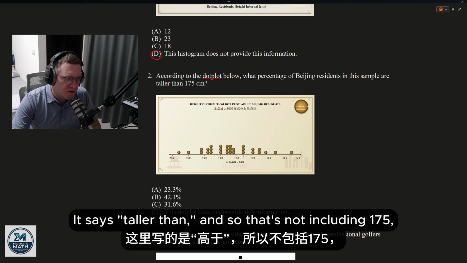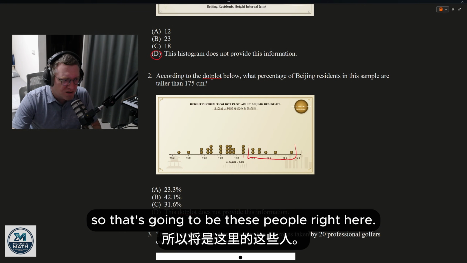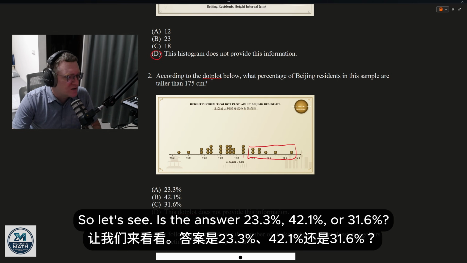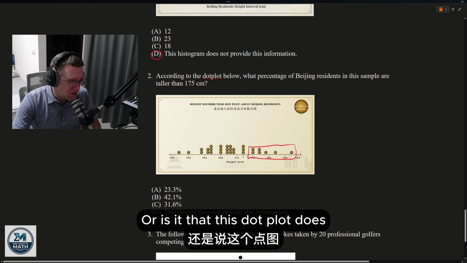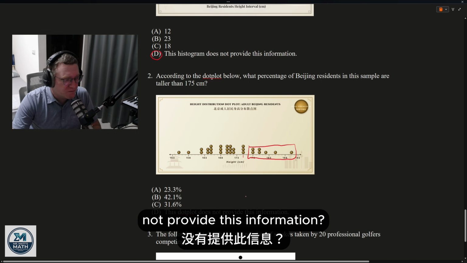It says taller than, and so that's not including 175. So that's going to be these people right here. Okay, so let's see. Is the answer 23.3%, 42.1%, or 31.6%? Or is it that this dot plot does not provide this information?